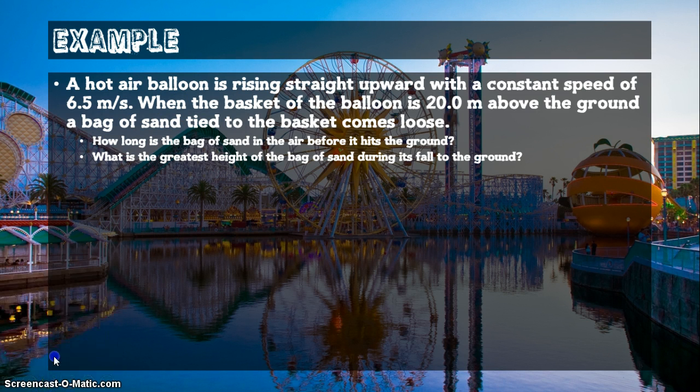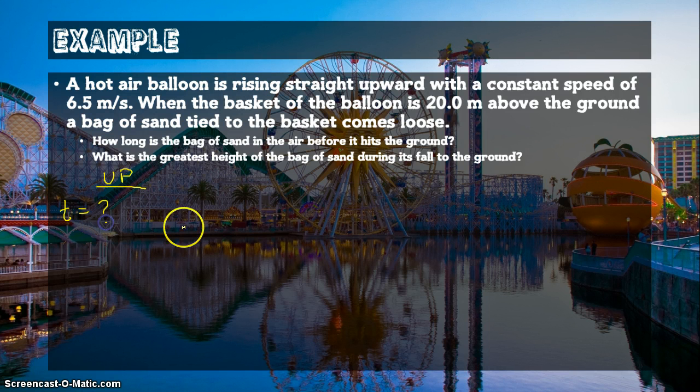So anytime we have a problem involving motion that goes up and down, there are two different ways of doing this. My recommendation would be to separate the problem into an up part, the motion going up, and then the motion going down. So let's go ahead and take a look at just the motion going up.